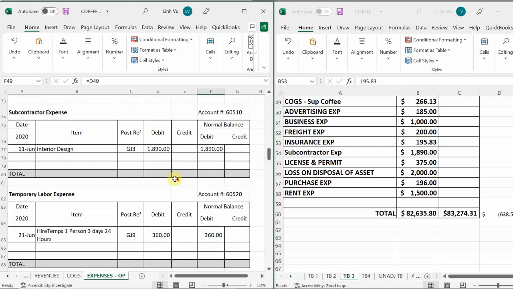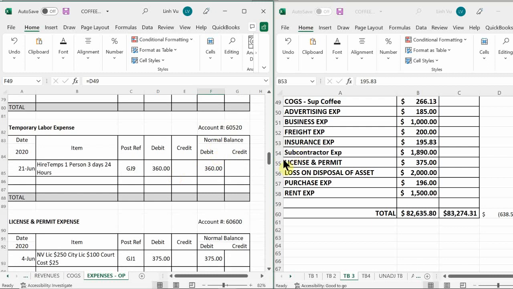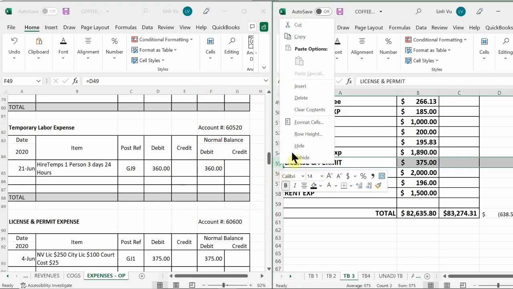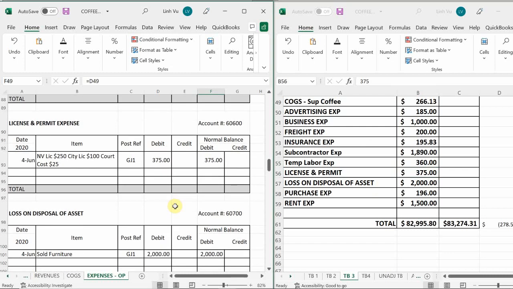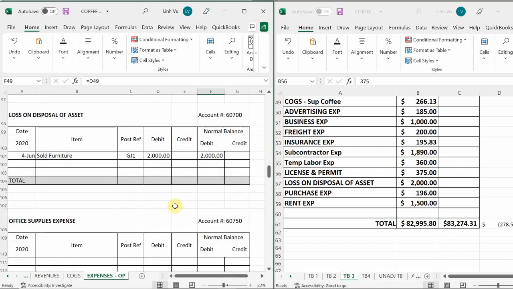Then we have one more, temporary labor expense, so I have to add that in there. 360 debit. And then I have license and permit expense, 375, so that stayed the same.